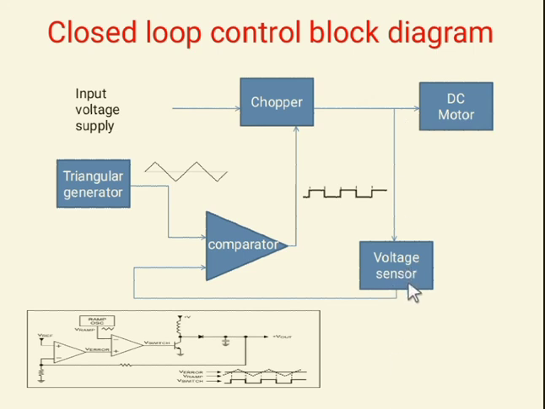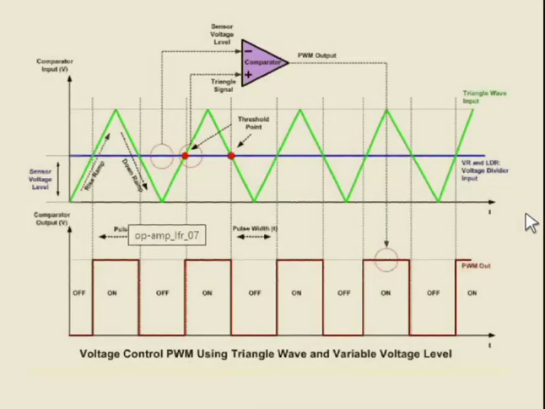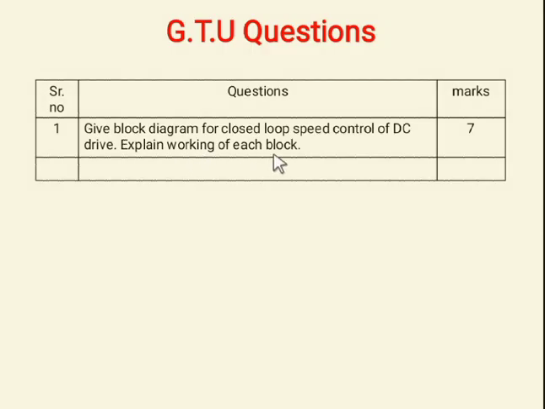The output of the voltage sensor is given to the comparator, and the comparator compares these two values, one is the triangular wave and one is the output voltage. According to the output voltage, the comparator generates the PWM pulses at the desired pulse width. So here we get the desired output voltage. This may be asked in your GTU examination for 7 marks.